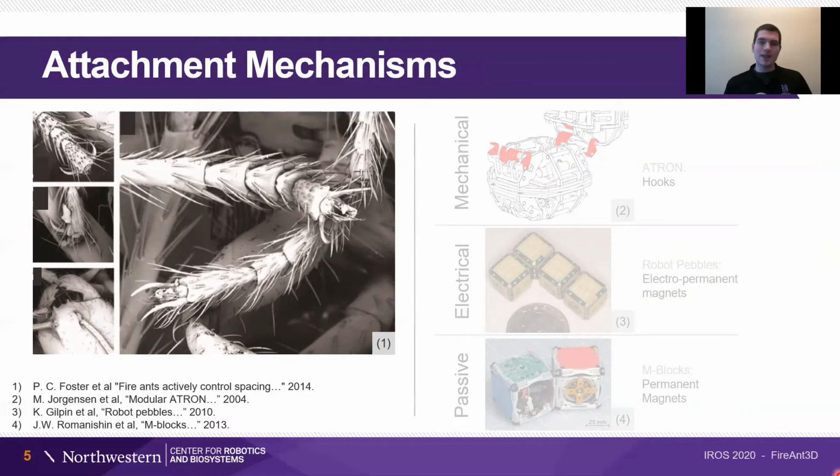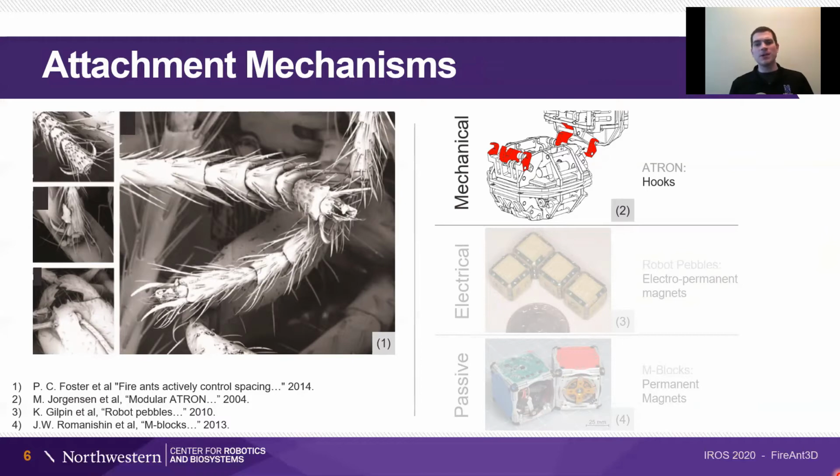Recall, with insects, they use their pincers, their legs, and they grab on wherever they can, resulting in the freeform structures I showed previously. In contrast, the attachment mechanisms used by robots tend to favor attaching at very specific locations.